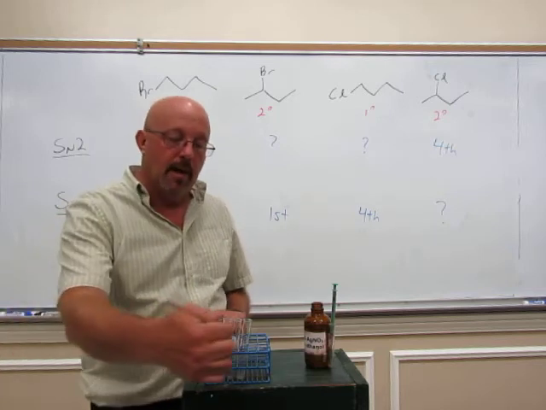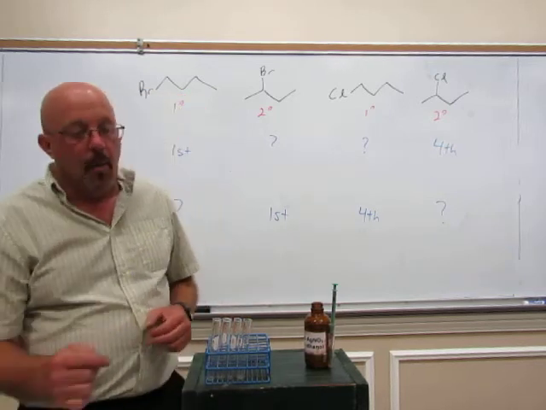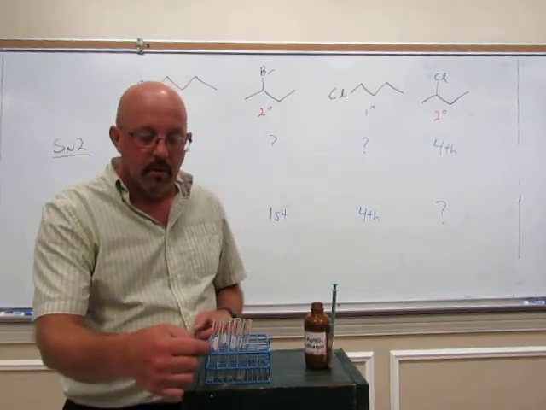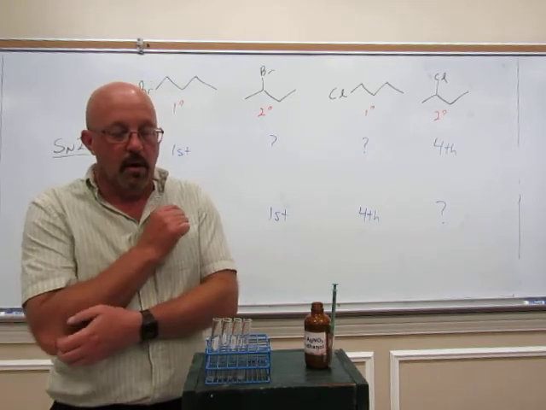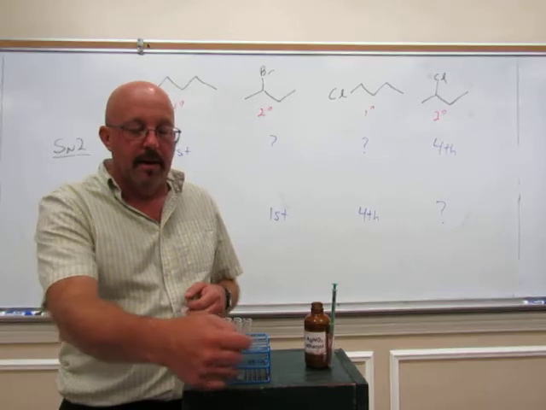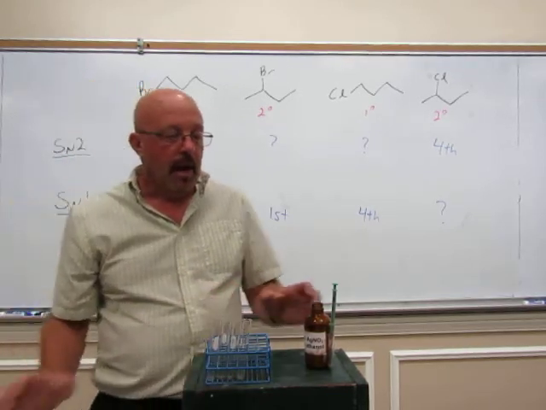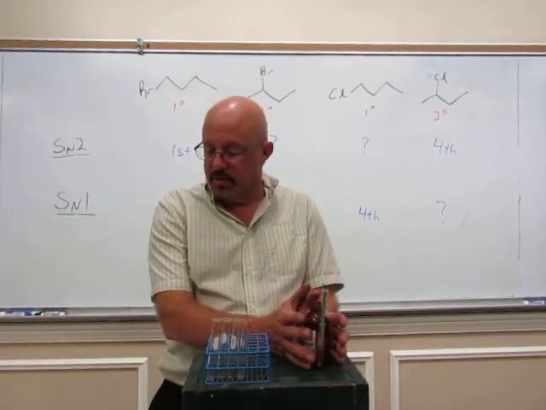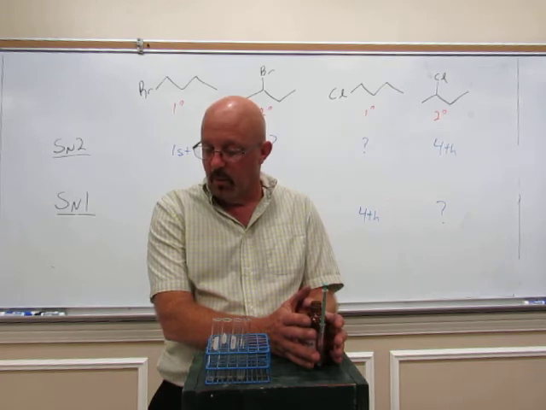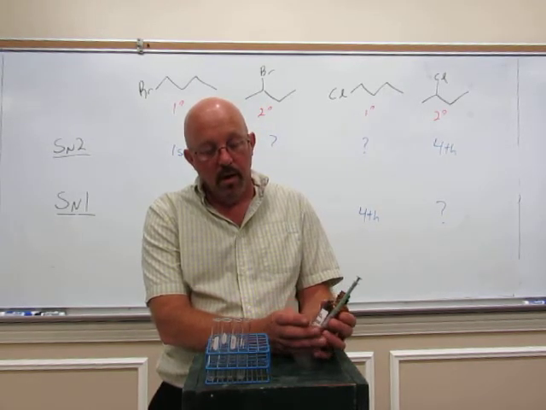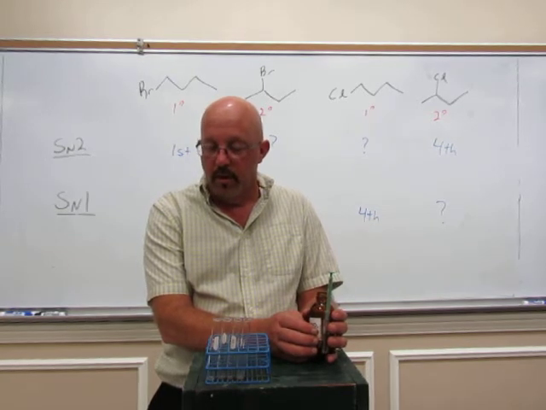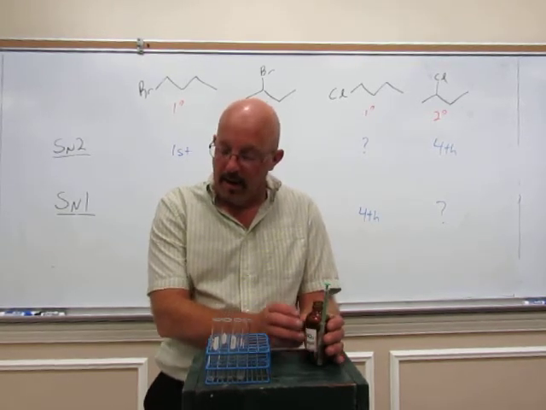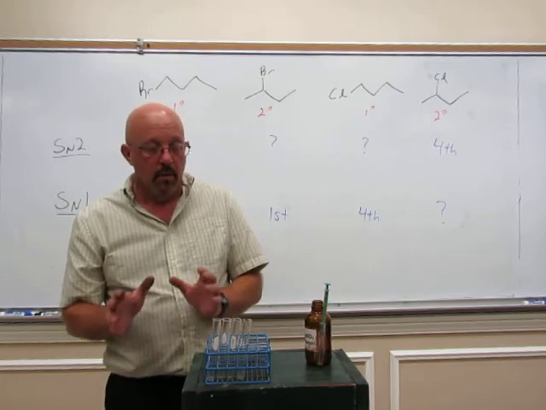So you've got 0.1 milliliters in each of these. Of the 4 compounds, we got 1 compound in each tube. And then you're going to be adding our solution. You're adding the silver nitrate in ethanol for the SN1. We're doing the sodium iodide in acetone for SN2.